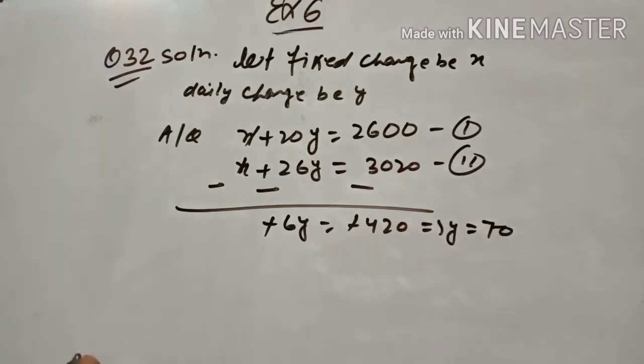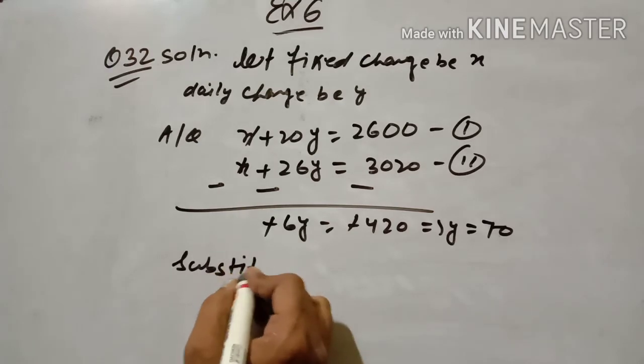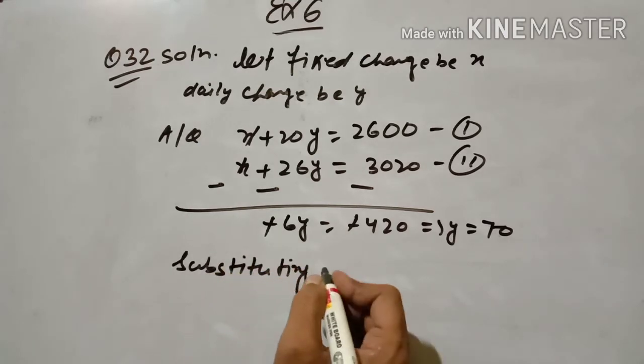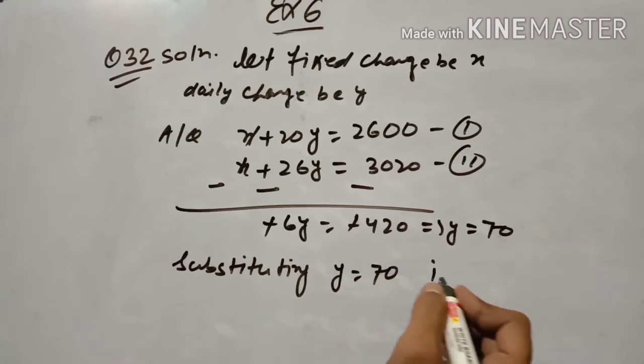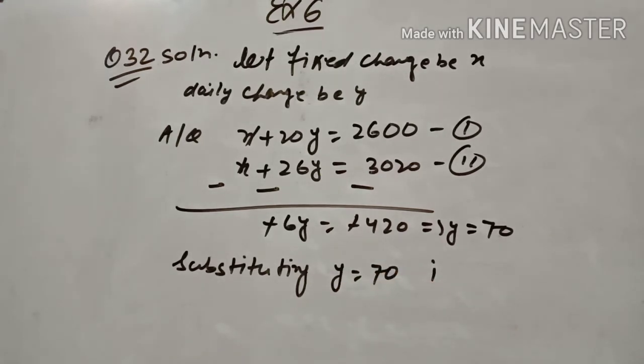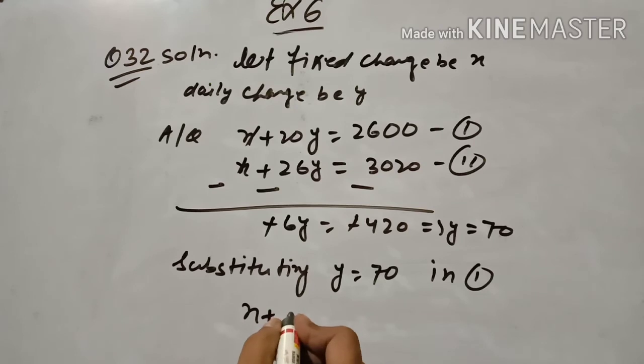70. Now substituting y equal to 70 in equation 1, I can write x plus 20 into 70 equal to 2600.